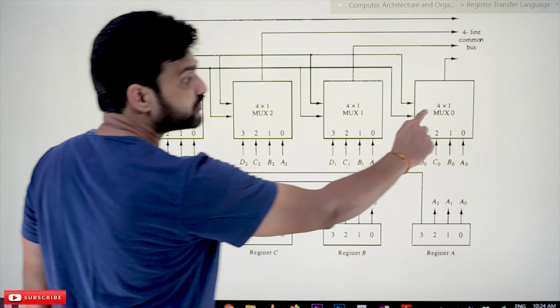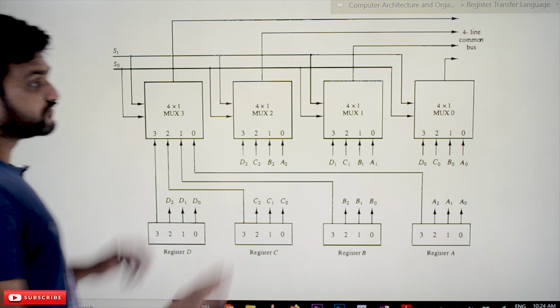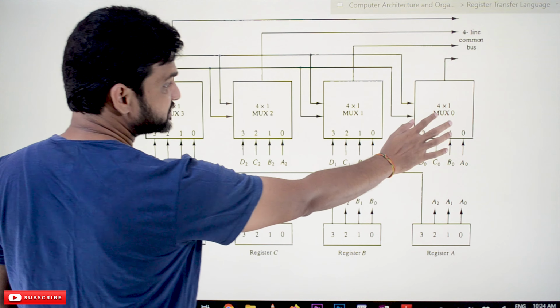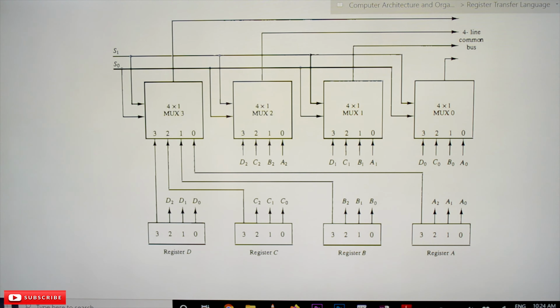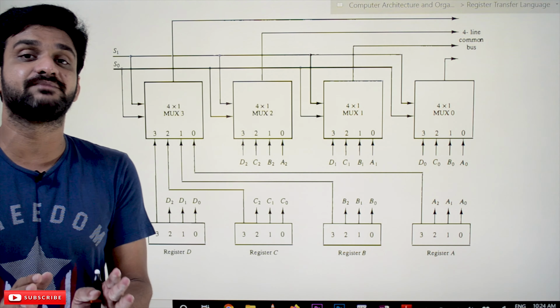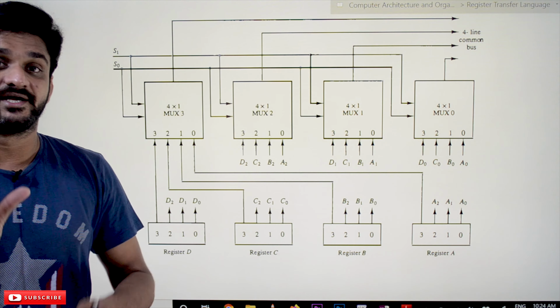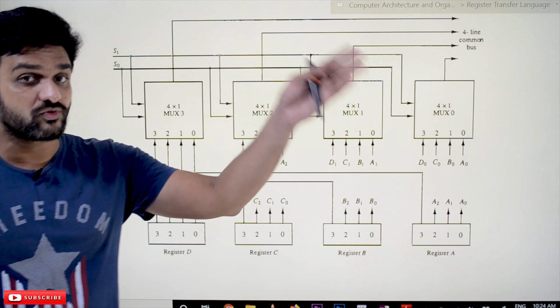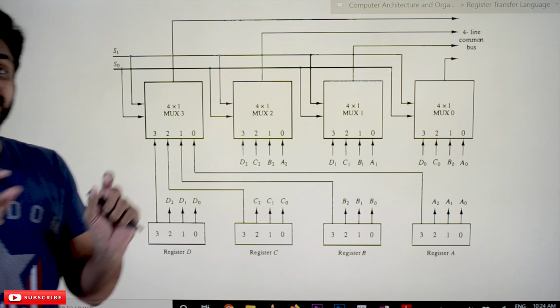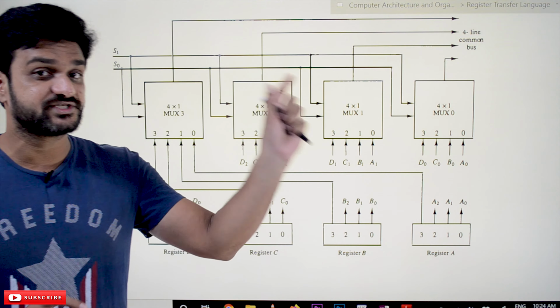These are 4x1 multiplexers. We have 4 multiplexers: multiplexer 0, multiplexer 1, multiplexer 2 and multiplexer 3. The concepts of multiplexers and digital combinational circuits have already been discussed in our Digital Logic Design course, which is the prerequisite for this course.